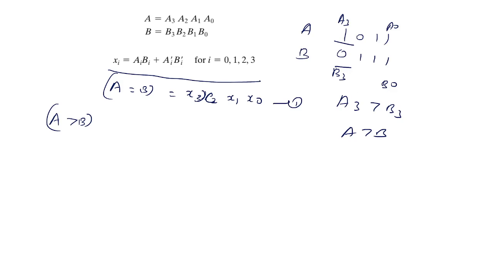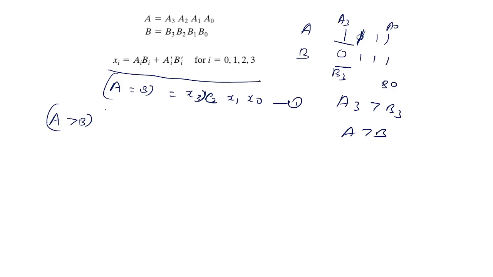If A3 is 1 and B3 is 0. Even if you check the remaining bits also, the final conclusion is A greater than B. So look at this example. A3 is 1 and B3 is 0. Even though this bit is also 1, the decision is A greater than B.